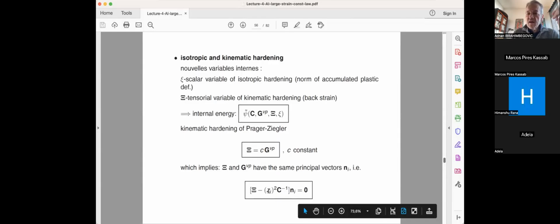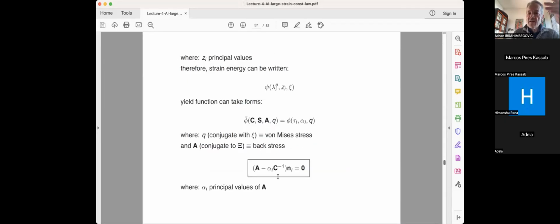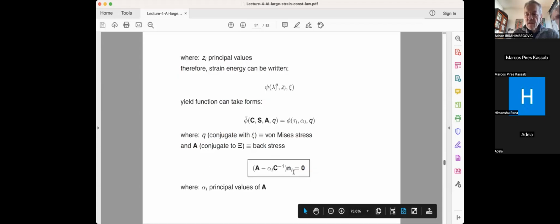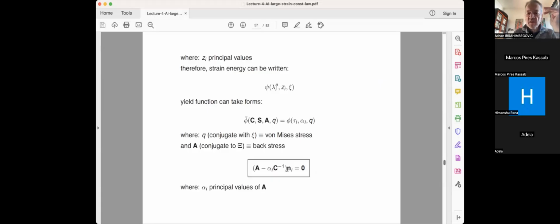So Z_I are principal values of the back strain that is conjugate to the back stress. So the back strain is called Xi, and the back stress is called A, and the principal values of this back stress are called alpha_I. And again, these guys share the same eigenvectors like strains, so everything is done in terms of these principal directions.